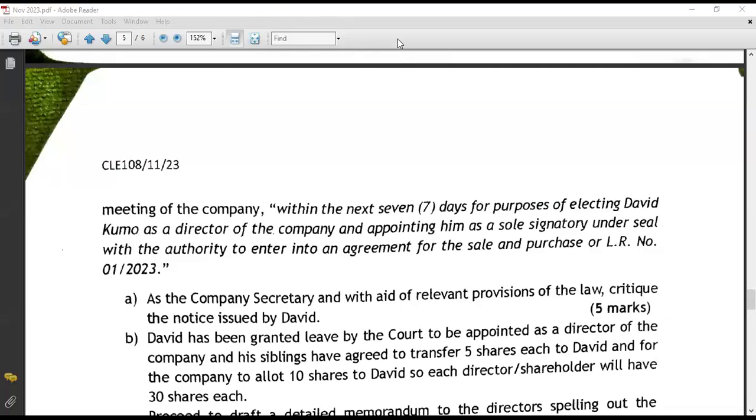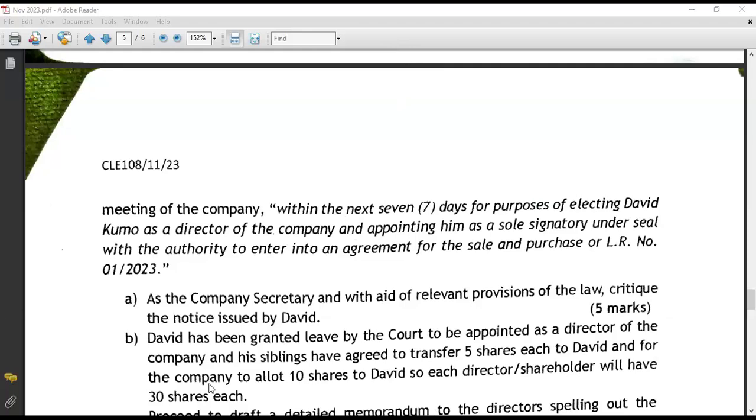Look at your section 281(4) and (5). What does it say? A general meeting may be convened by a shorter notice than that otherwise required if it is agreed by the members. The shorter notice is valid only if it is agreed to by the required majority of members.